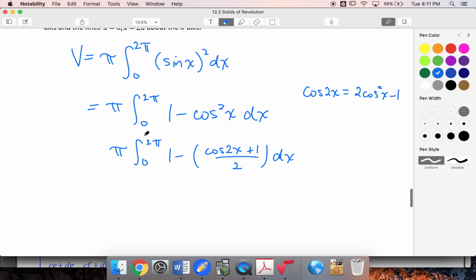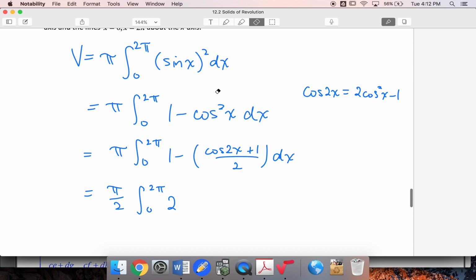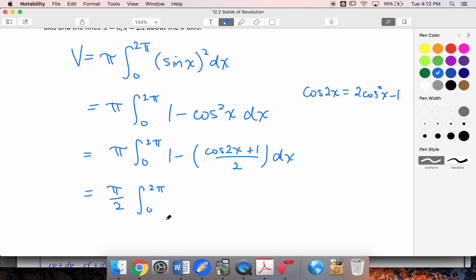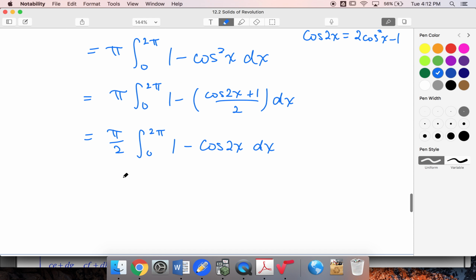I'm going to take this half out. So I'll get pi over 2, 0 to 2 pi. Well, if I take out a half, this becomes 2. And then 2 minus 1 over there will become 1 minus cos 2x. And now I'll integrate pi over 2 from 0 to 2 pi.